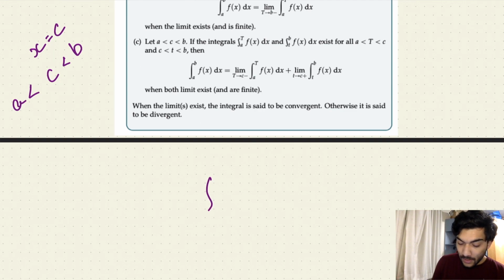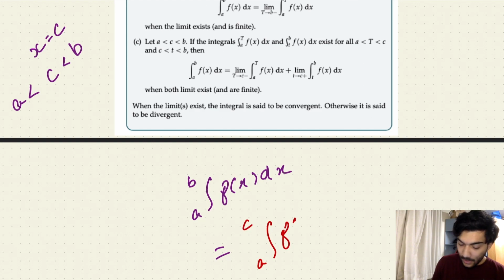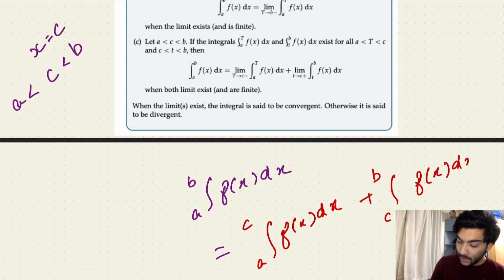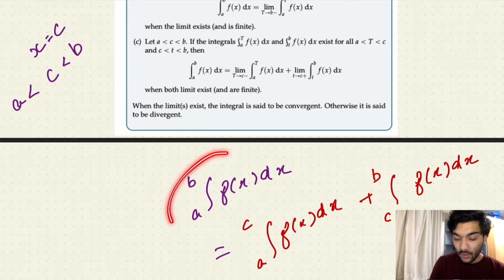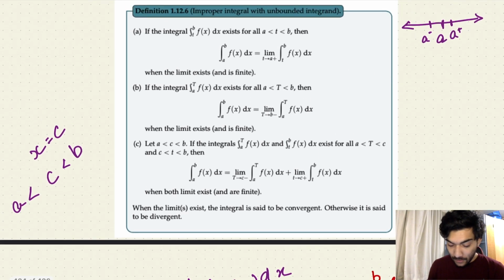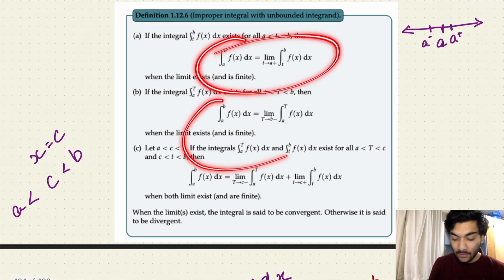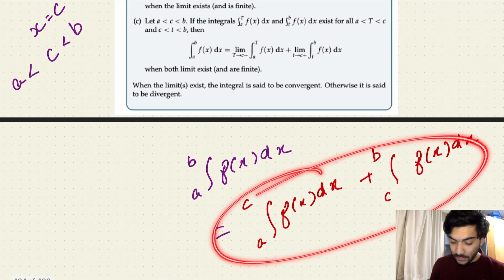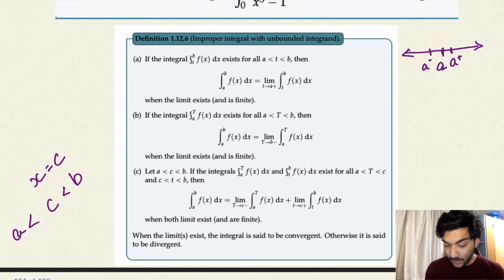So the definite integral from a to b of f(x) dx can be easily converted to the integral from a to c of f(x) dx plus the integral from c to b of f(x) dx, right? We can always break this definite integral into these two parts such that for one definite integral we have a discontinuity at the upper endpoint, and for the other we have a discontinuity at the lower endpoint. And then we'll use the same concepts that we covered in case 1 and case 2 in order to solve these two definite integrals.